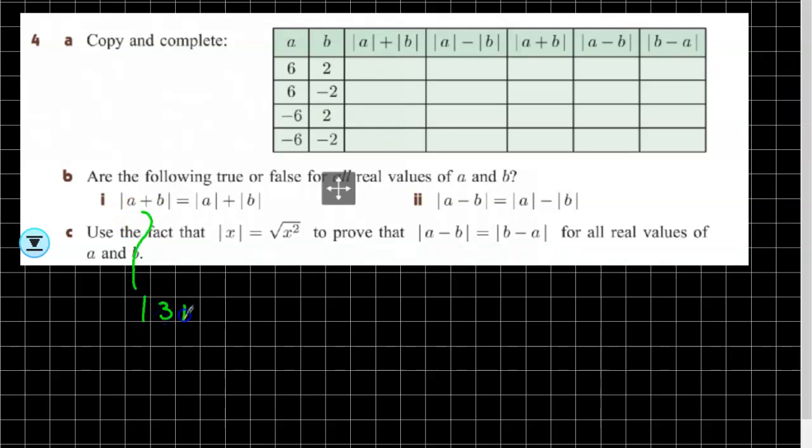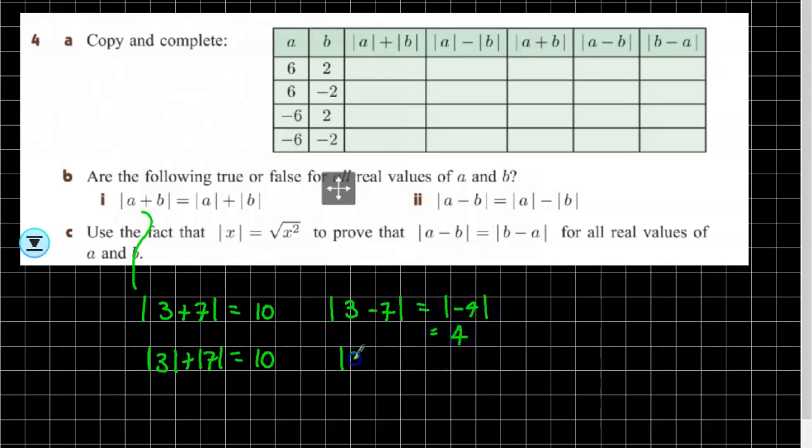If I've got 3 plus 7, I get 10. Well, that's beautiful. If I have the modulus of 3 plus the modulus of 7, yep, I get 10. So can we say, yes, it's always true? No, because what if I have 3 plus negative 7? That gives me negative 4, which becomes positive 4.